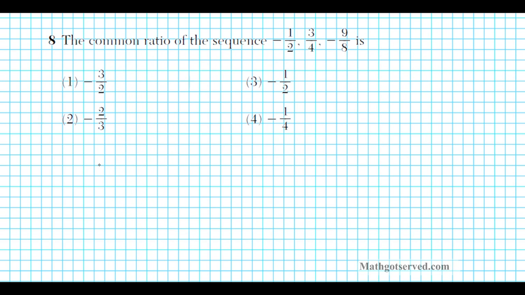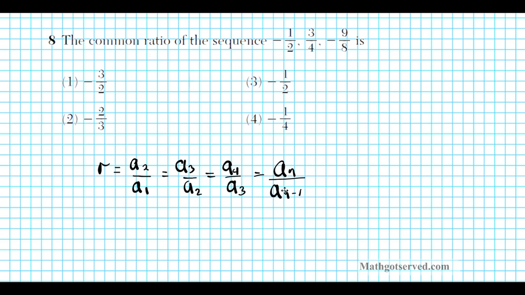The formula for the common ratio is a2 over a1, which is equal to a3 over a2, which is equal to a4 over a3, or generally speaking, an over an minus 1.